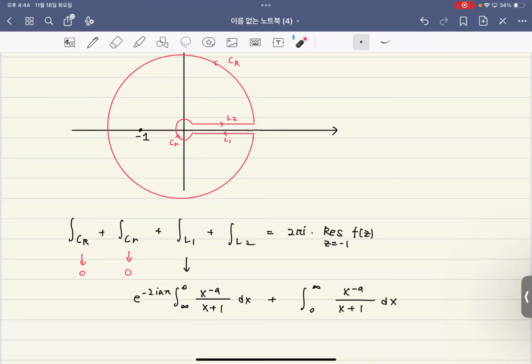So you're going to end up with this in the computation, which I will leave: this equals this, and this equals that.